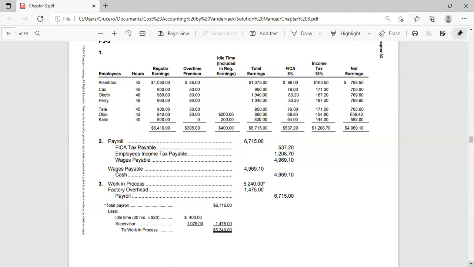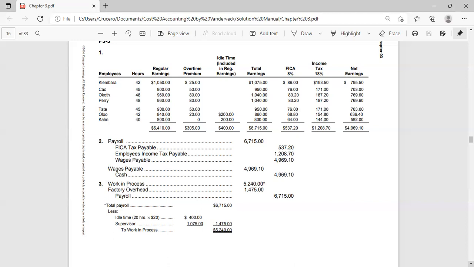While for the other workers, the overtime is equal to 45 minus 40, and the rate of Cow is the same as the other direct workers. The rate is $20 per hour, and that means that the overtime premium rate of 50% is equal to $10 per hour.